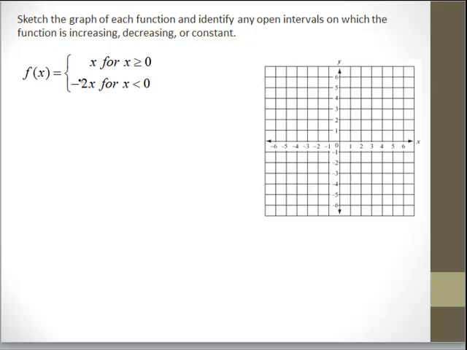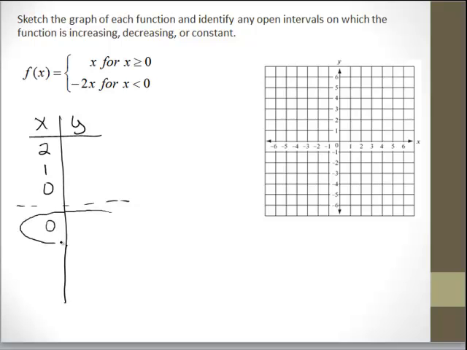So how about this one? We need some values greater than or equal to 0. So let's just do something like 2, 1, 0. And then we need some less than 0. So we want to include the 0, although it can't be there. And less than 0, we can say -1, -2.